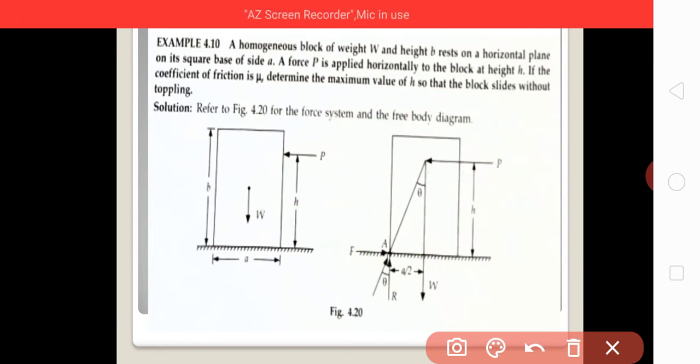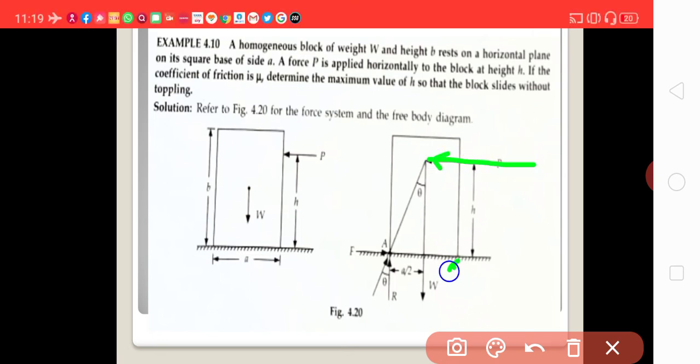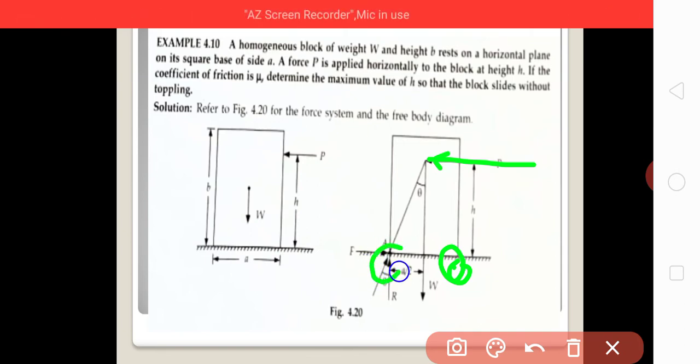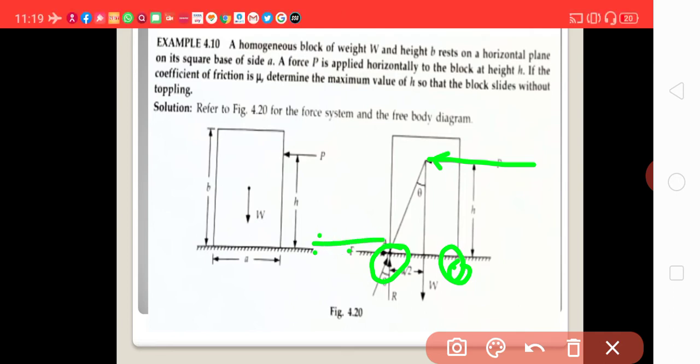Consider that when it is kept on the ground, the weight will be acting downward, but when we are just pushing it from here, this end will be just free of the ground and the whole action will be here. The reaction will be acting here, the frictional force will be acting here, its direction will be this way.